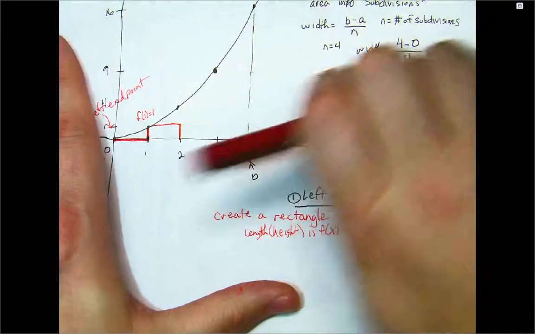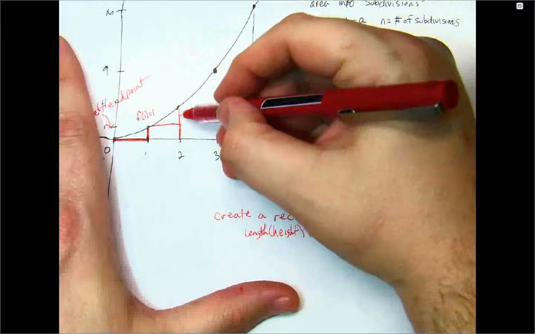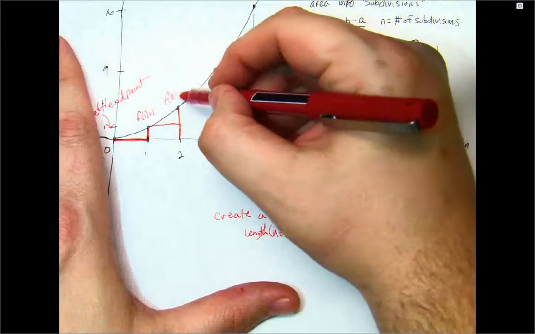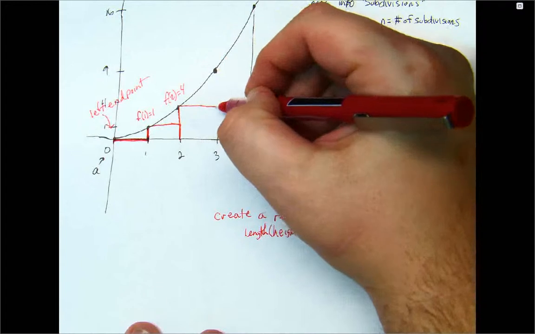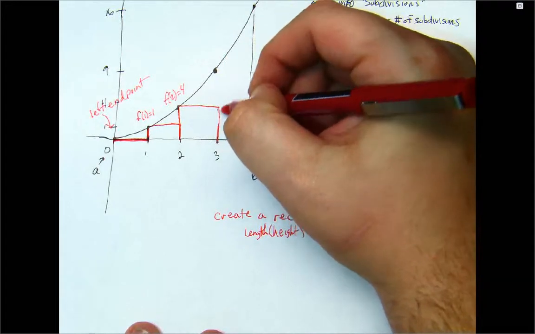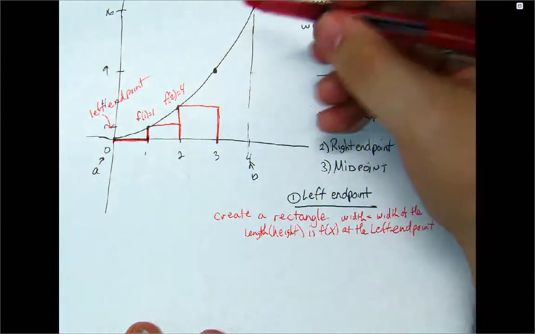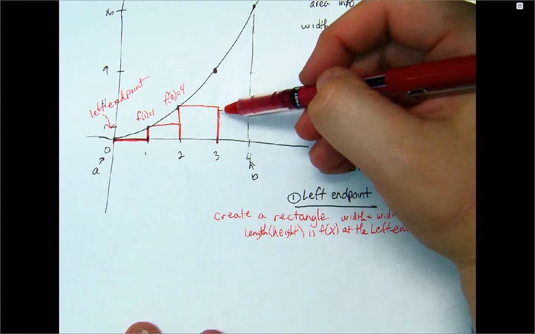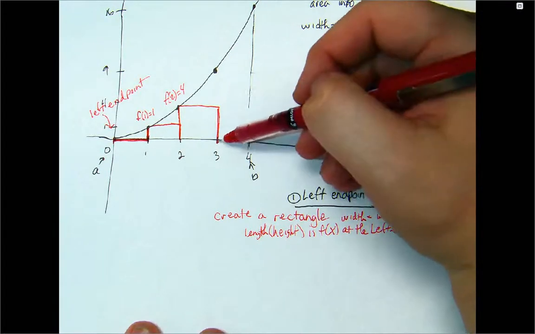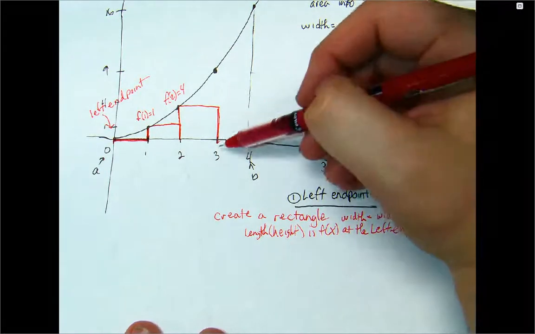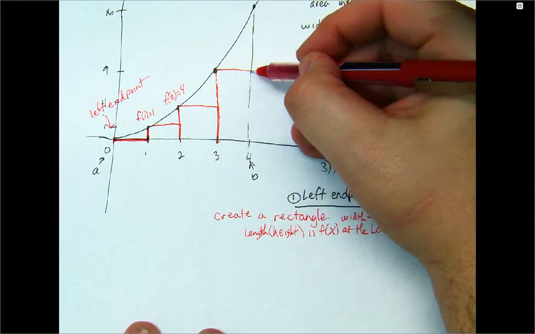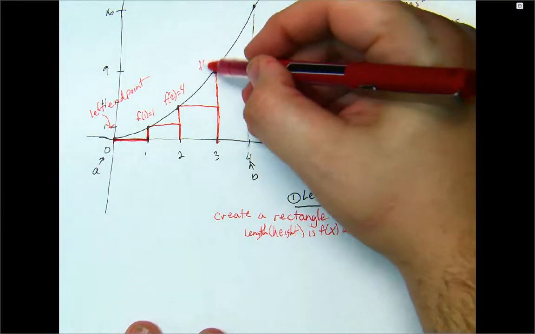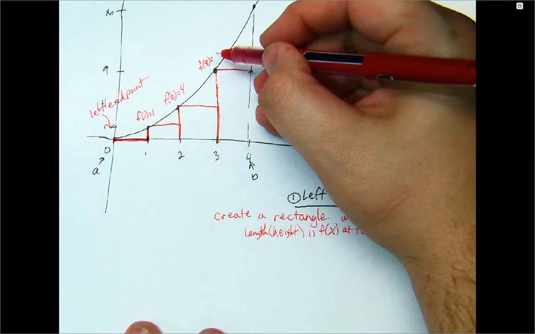So I'm going to follow 2 up to f of 2, which is equal to 4. And my last interval is from 3 to 4. What's the left endpoint? 3. So I'm going to create my rectangle here. f of 3 is equal to 9.